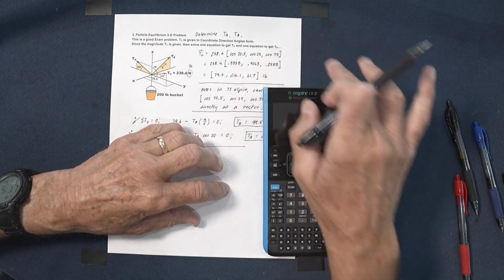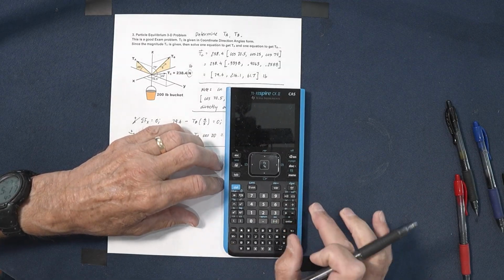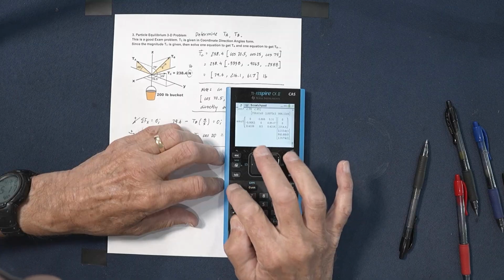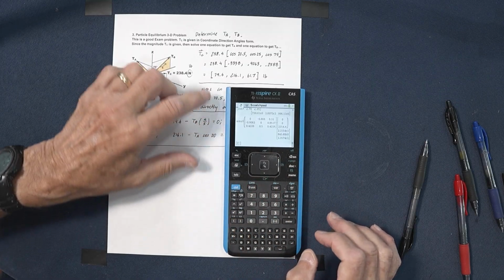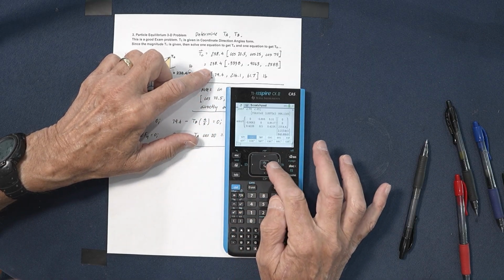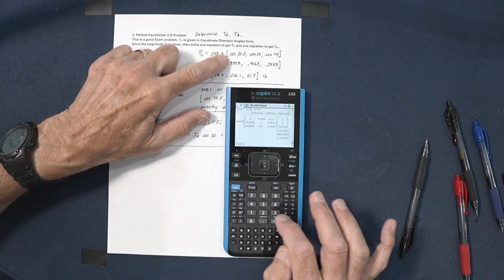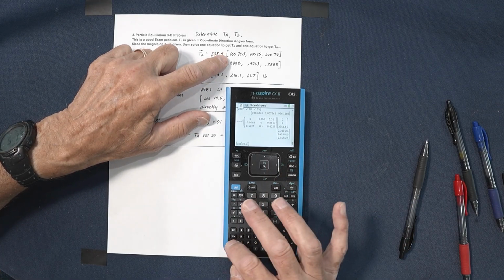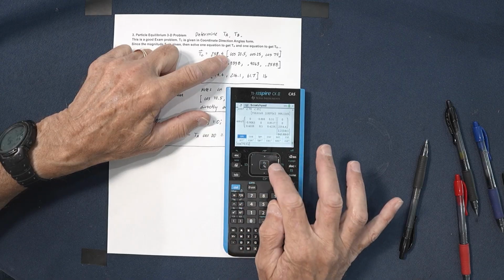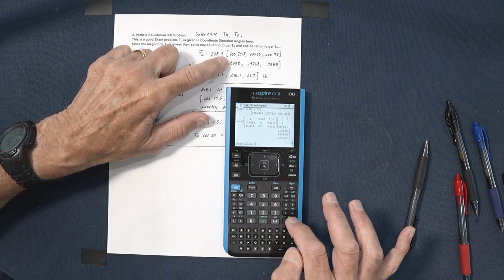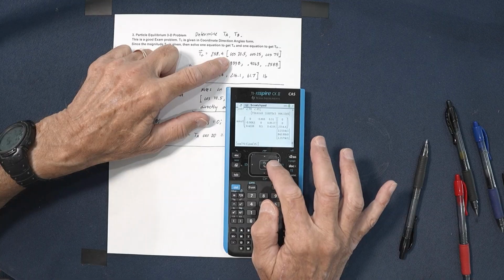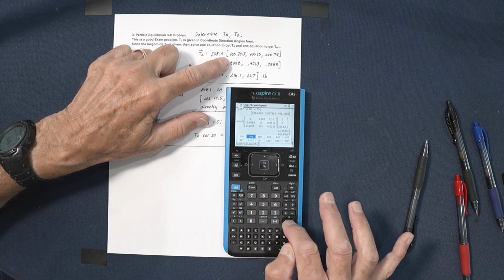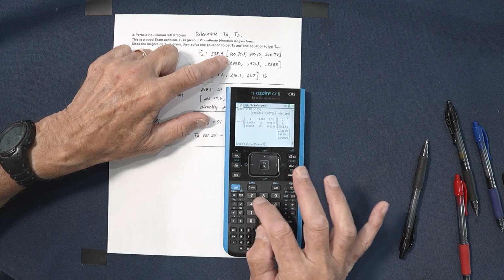You can do these separately, or in your calculator, it's kind of cool how this works. You can go control vector, and then you can put trig cosine 70.5, comma, trig cosine 25, comma, trig cosine 75.